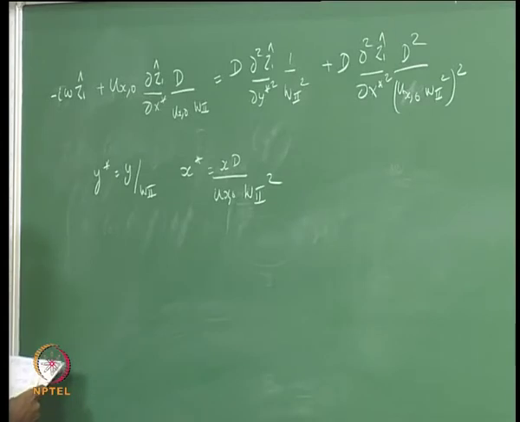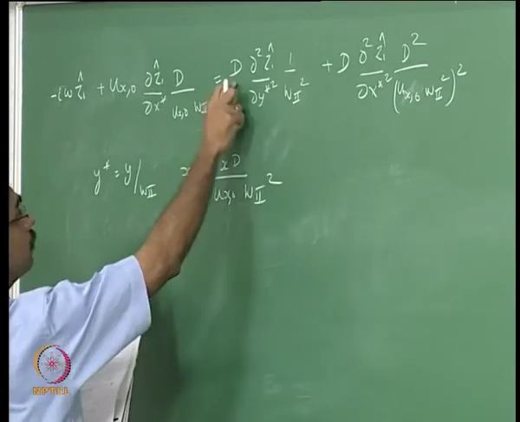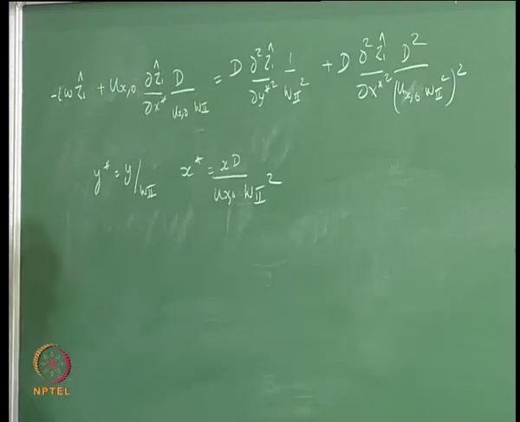So what I will do is to multiply by W2 squared over d, just to simplify things.